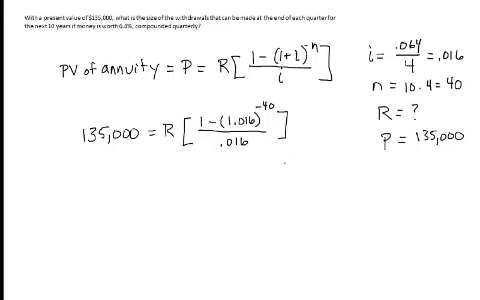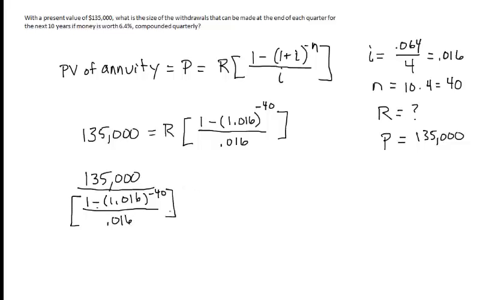And when I multiply everything out and divide, I have 135,000 divided by everything that was in the brackets is equal to R, and R is equal to $4,595.46.